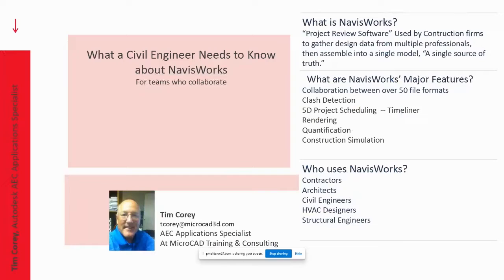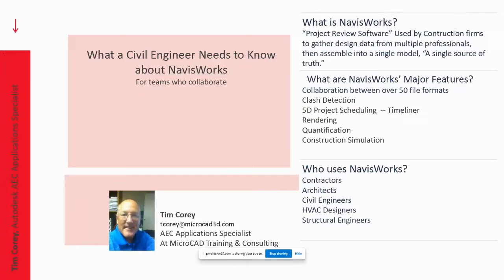So NavisWorks is project review software. It allows a construction firm to gather design data from all the different design teams on a building and construction project. You might imagine there's going to be, of course, the civil engineer doing the sewer and storm drain design.